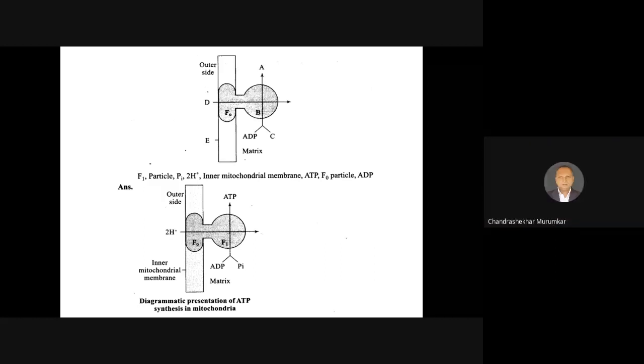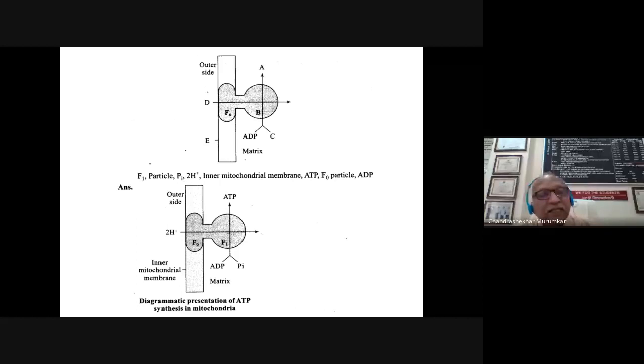To compensate this, the hydrogen protons move across the membrane. Now this membrane does not permit these hydrogen protons to move across. There is only one channel where they can move across, the ATP synthetase enzyme.